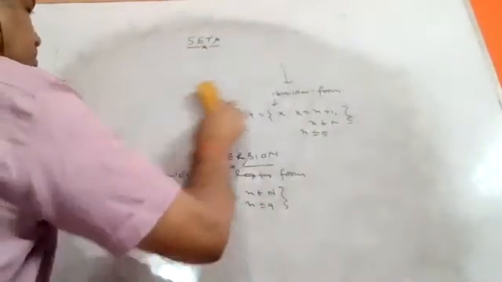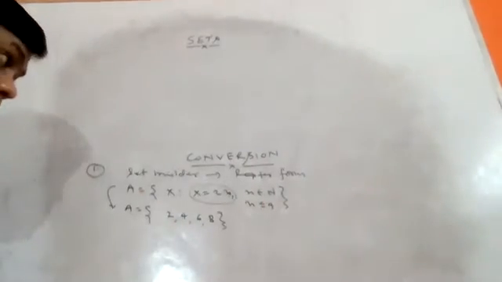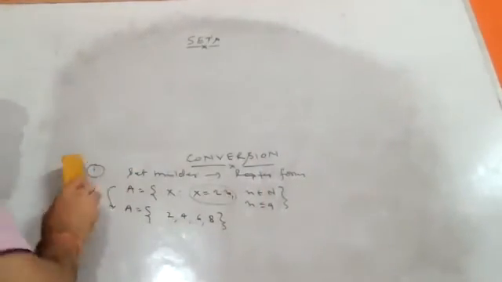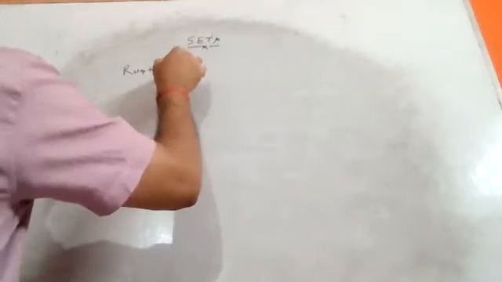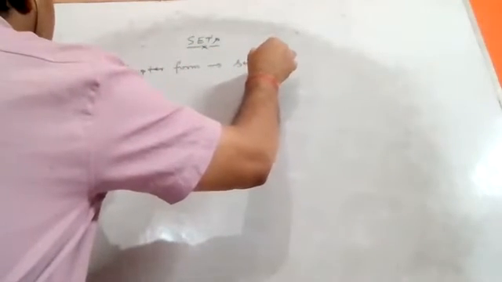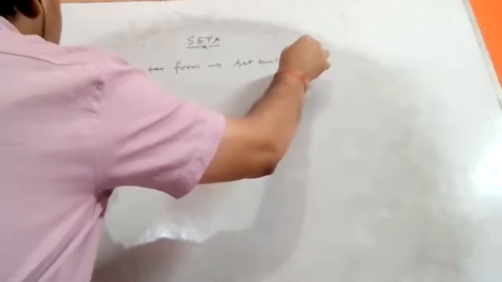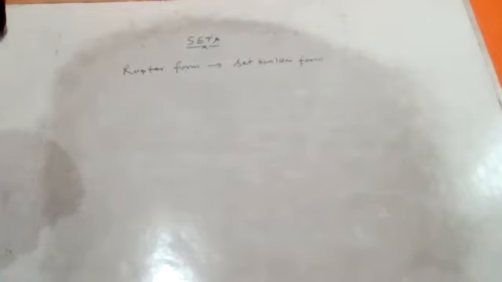Right? Done. And now we are going to convert roster form into set builder form. Roster form is given, and we have to convert it into set builder form.